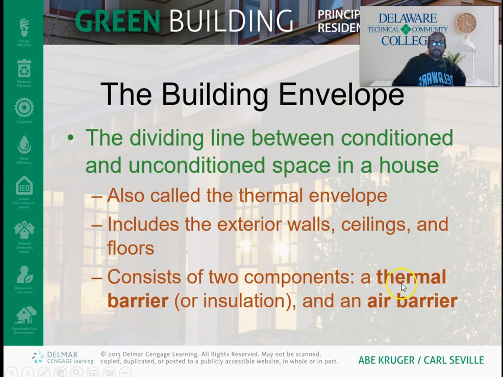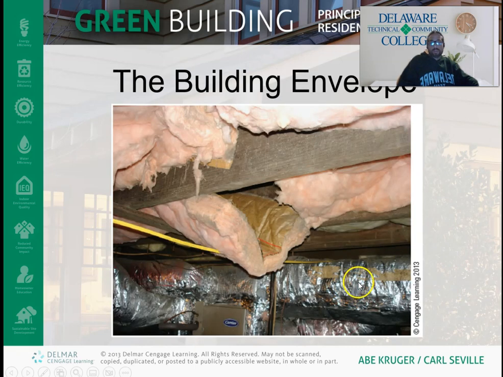A good thermal envelope or building envelope will have a thermal barrier and an air barrier continuous and in contact all the time. We'll talk about that as well. Here you can clearly see where the building envelope is supposed to be, and that's where the insulation is.